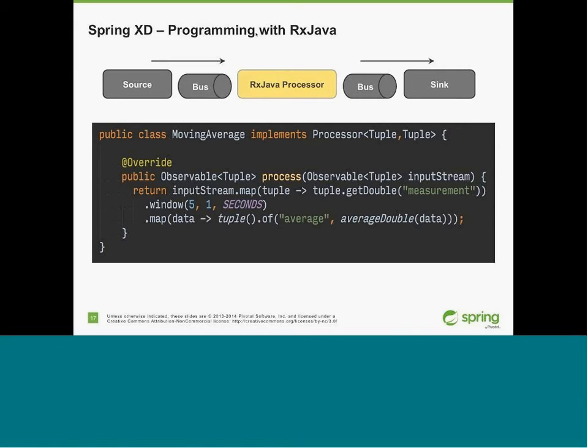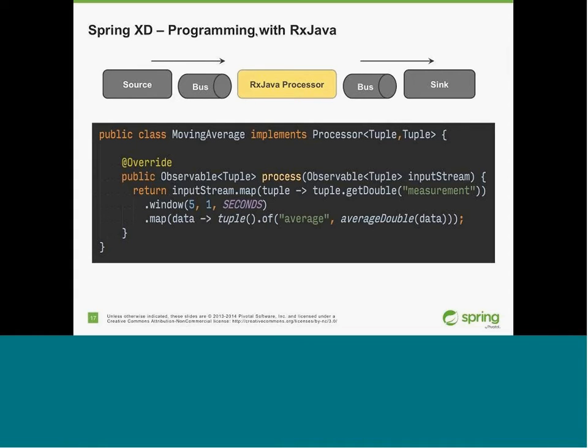So you have this functional programming model that Mark has already mentioned, which says that the input stream should be mapped by windowing, for example, over a given time frame, and then calculating the average, for example, for the data in that particular time frame.